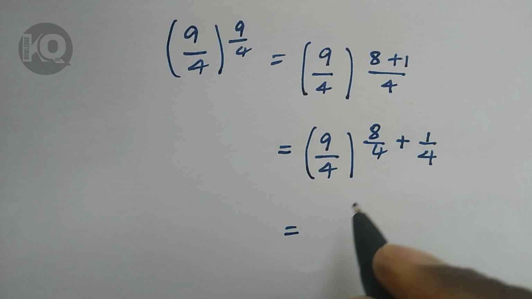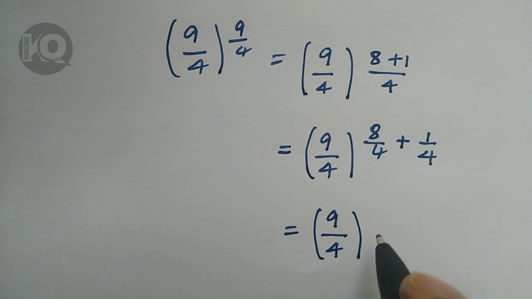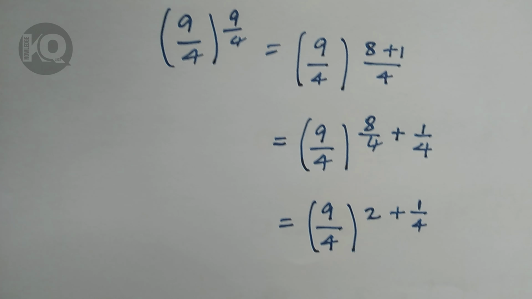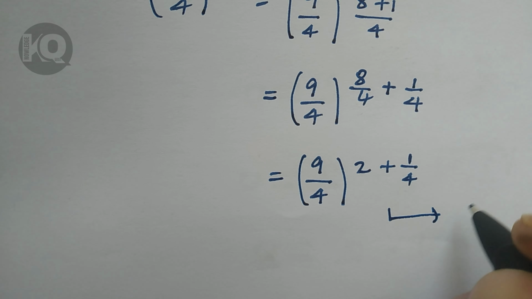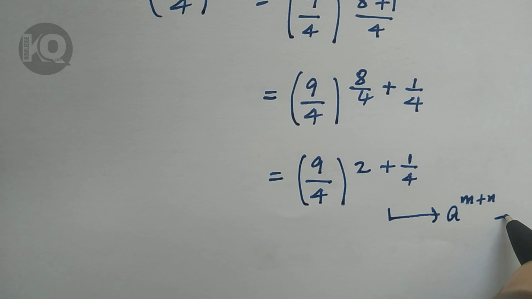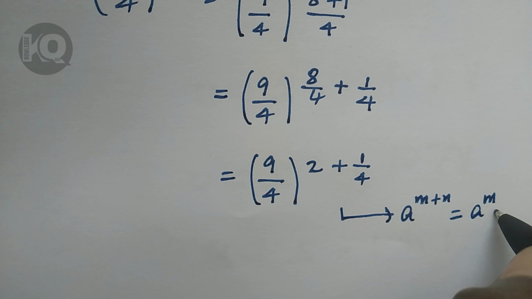Now this will be (9/4) to the power of 2 plus 1/4. As you have seen, this expression is in the form of a to the power of m plus n, which can be written as a to the power of m times a to the power of n.